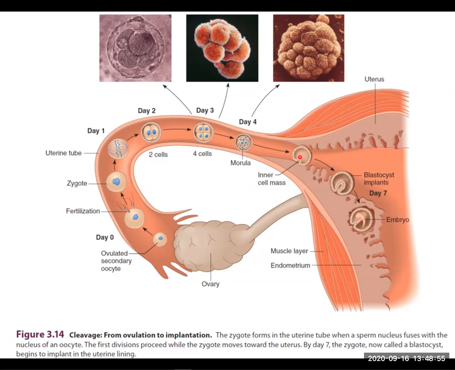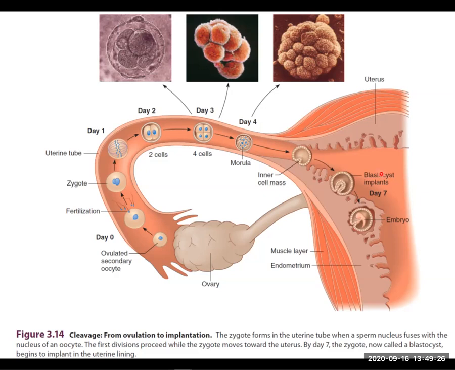And then they have two groups of cells. One is the inner cell mass, and the outer portion is the trophoblast. We will see it.